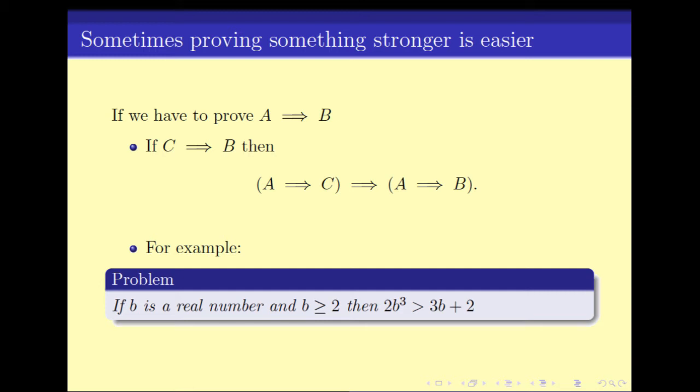So we solved the problem, namely if b is a real number and b is greater than or equal to 2, then 2b cube is strictly greater than 3b plus 2.